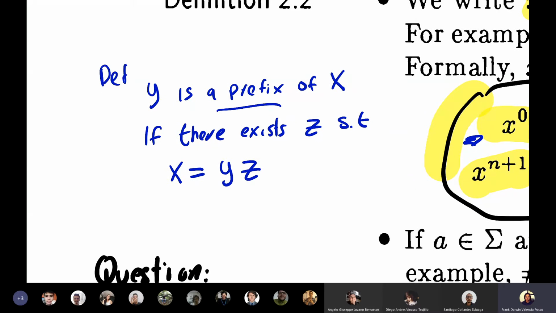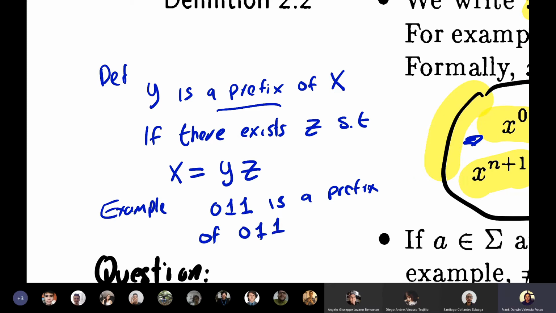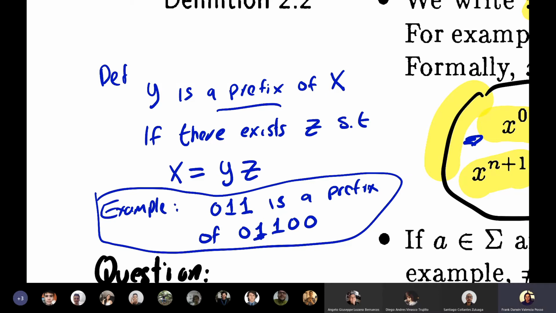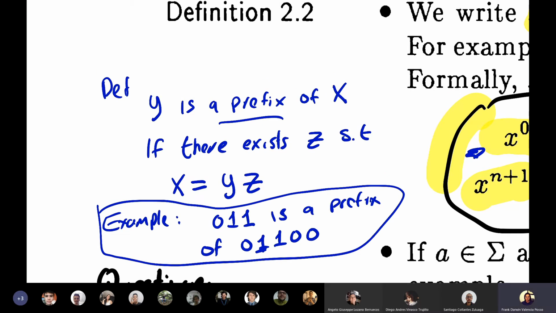Let's see an example. So example: 0, 1, 1 is a prefix of 0, 1, 0, 0. Okay. Why is that?